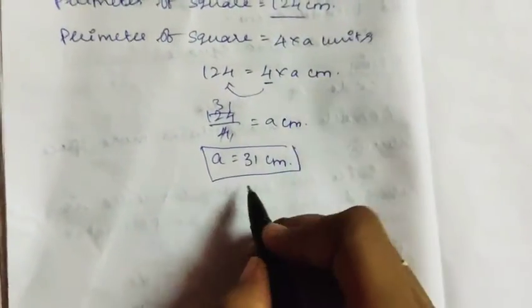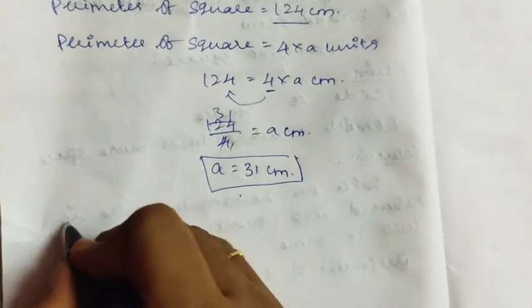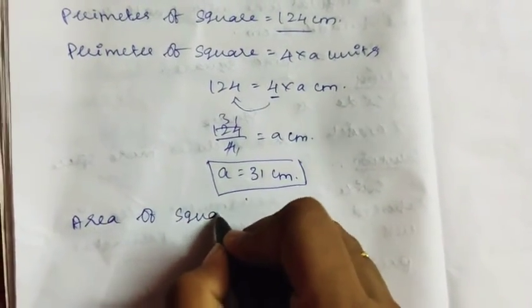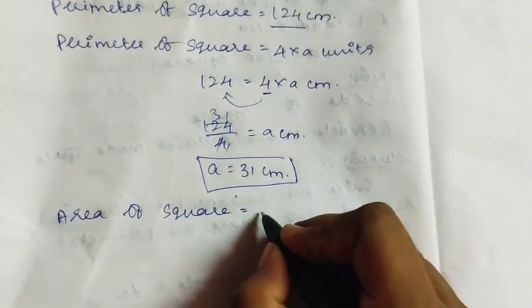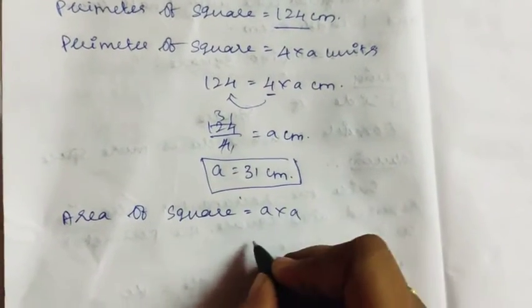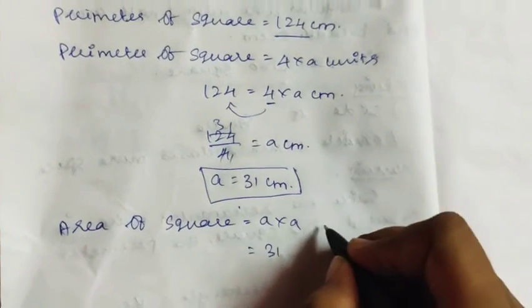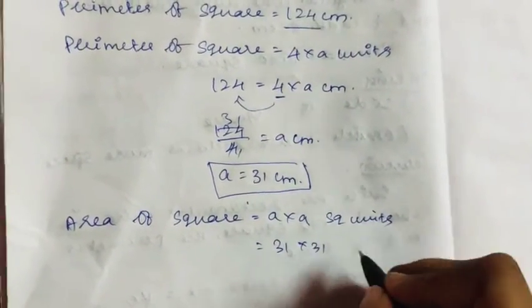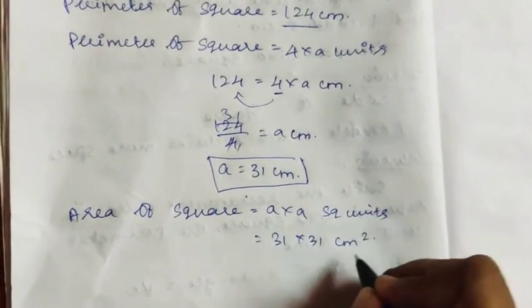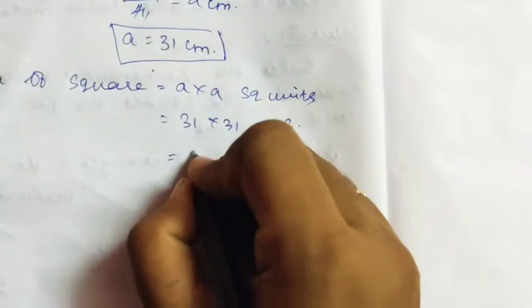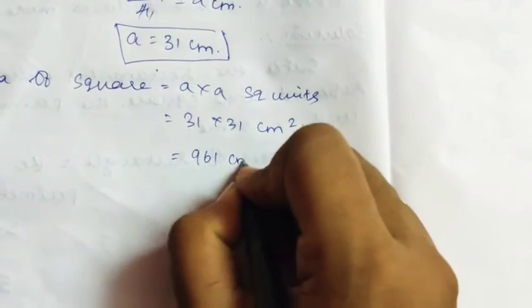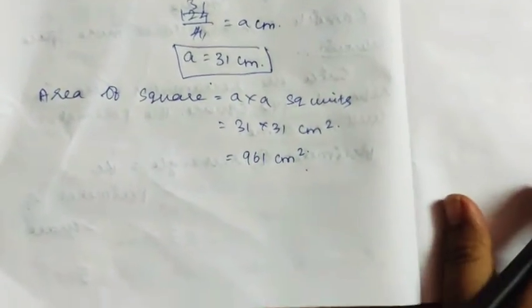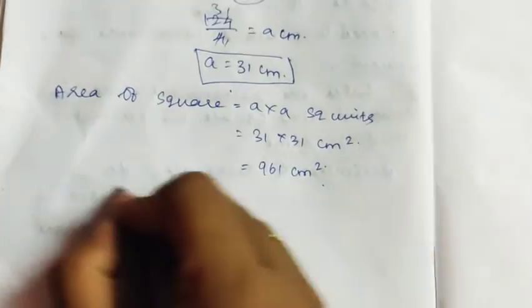With the help of this value, we can find the area of the square. Area of square equal to a into a, which is 31 into 31 centimeter square, equal to 961 centimeter square. So let us find the area of the rectangle.